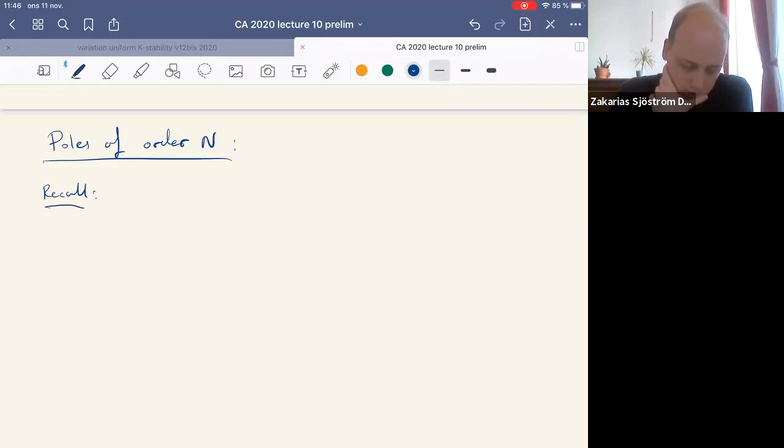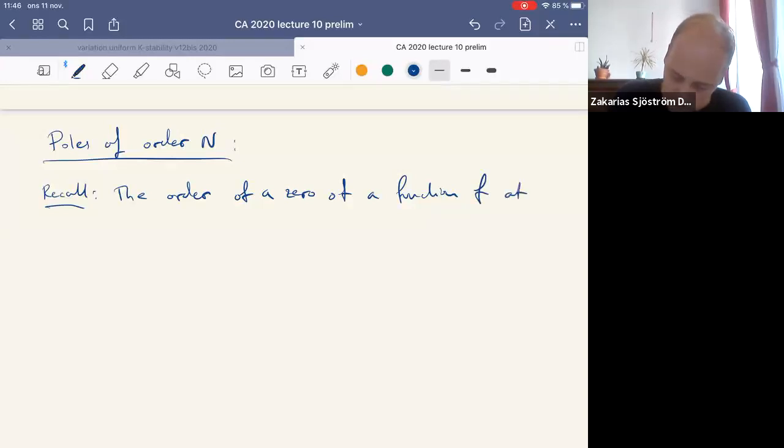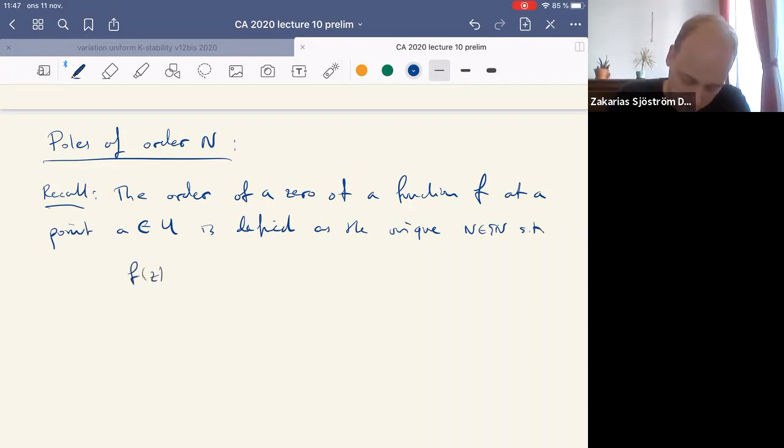So we recall that the order of a zero of a function f at the point a in U is defined as the unique capital N in the natural numbers such that f of z is equal to z minus a to the N times some other function h of z, with h of z holomorphic.